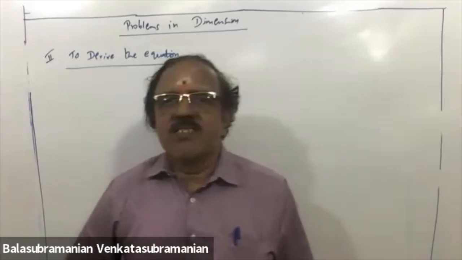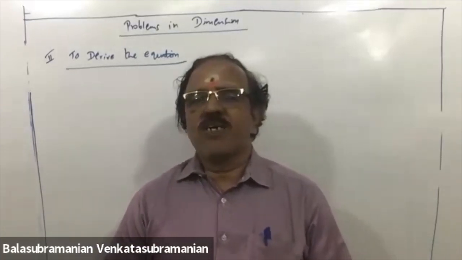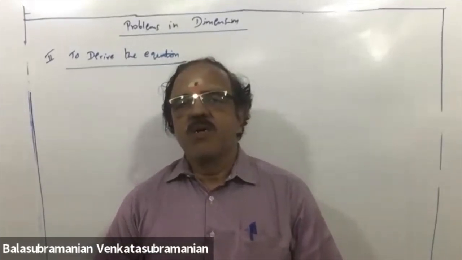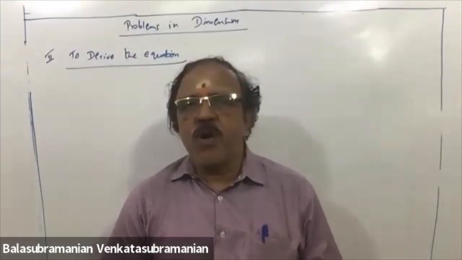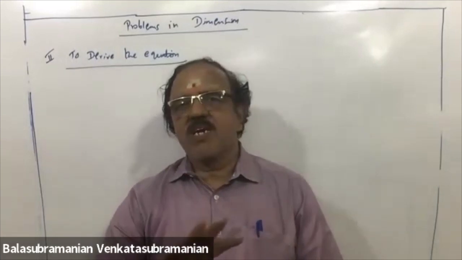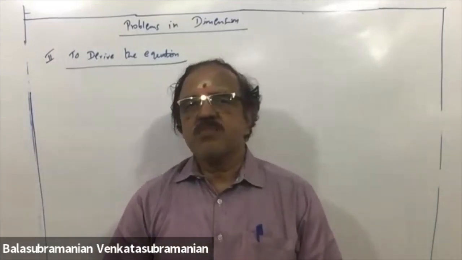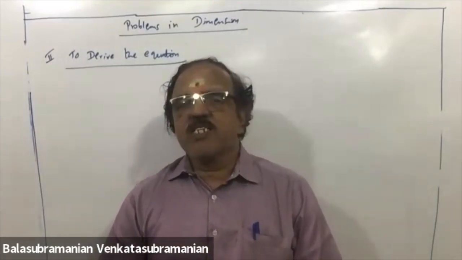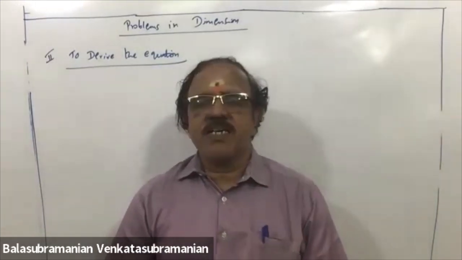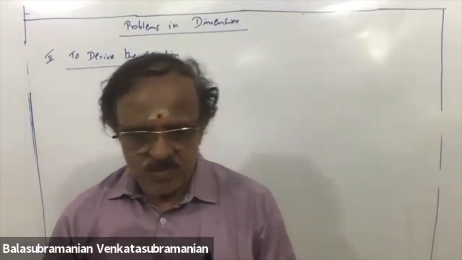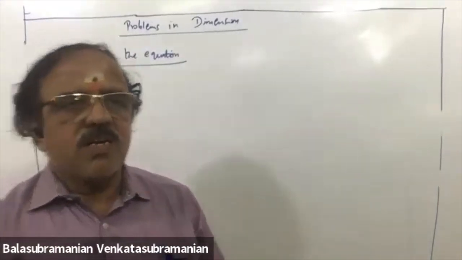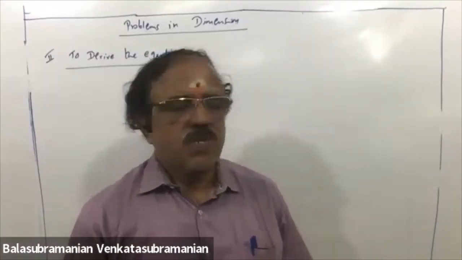Sometimes exactly we don't know what is the actual formula, but what are the quantities it depends upon, slightly we can understand. So based on that, it is possible to calculate the exact formula by dimensional method. For that, we can give some examples.